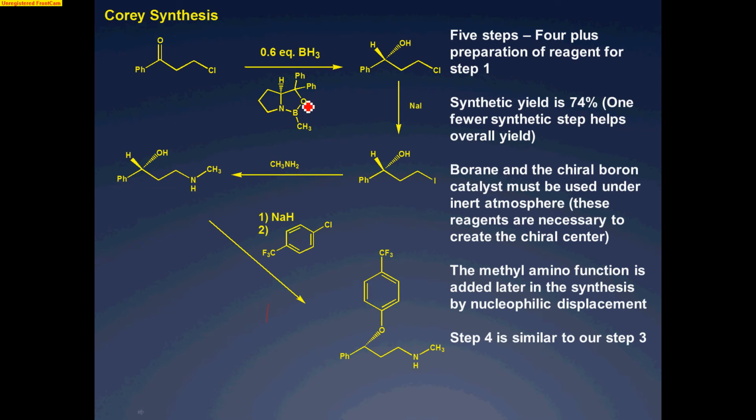These are a series of reagents that were developed by the Nobel laureate E.J. Corey, and these reagents are referred to as selectride reagents. So imagine they're just a hydride reagent, but the way that they react with a ketone gives you selectivity in your alcohol product. Once you get to this step, it's not dissimilar from the Sharpless synthesis. You're going to add in your methylamine at this point, and then do your aromatic substitution reaction.